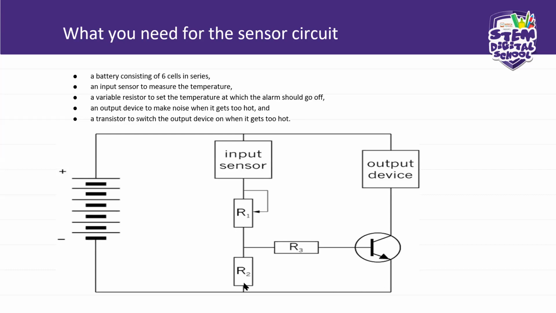The base will connect to resistor number 3. And resistor number 3 must also connect here, so that there's a flow of current. You must not break current there. And then the collector of the transistor will then connect to the output device.